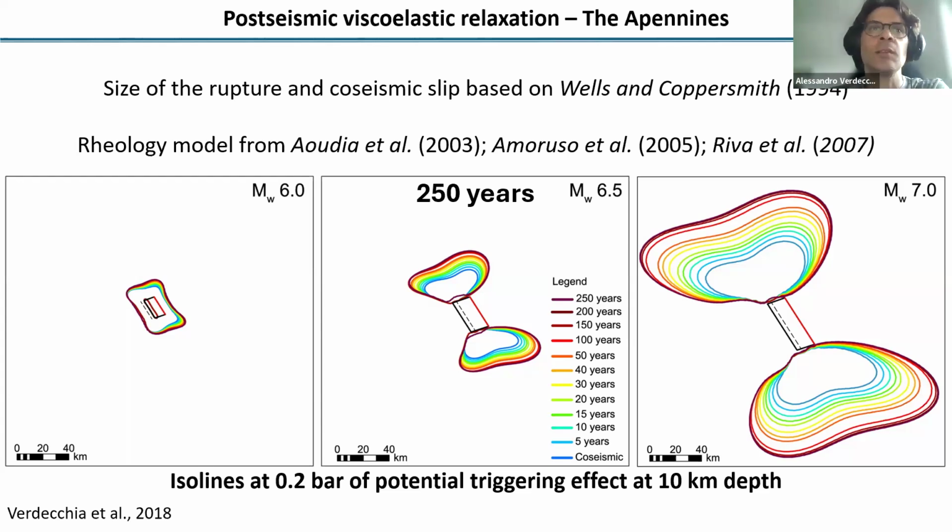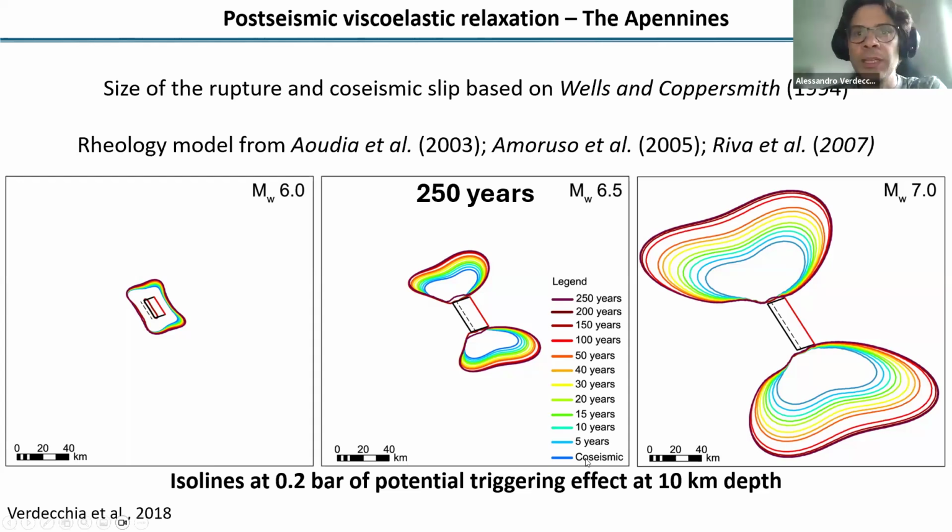So those are three simple models of magnitude 6, 6.5, and 7 normal faults. And the colorful lines that you see are isolines in time that represent the 0.2 bar isoline of stress changes. 0.2 is, let's say, a threshold that is usually used to explain earthquake triggering.